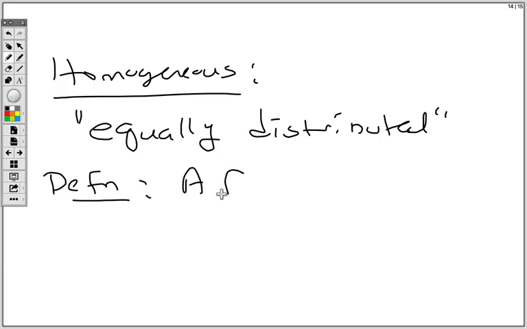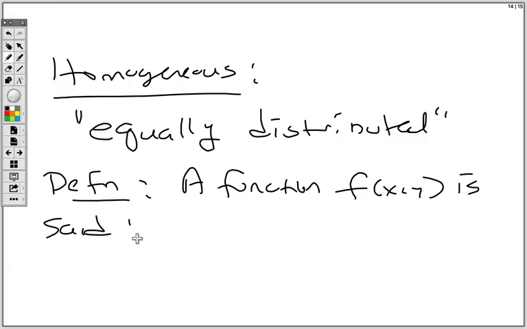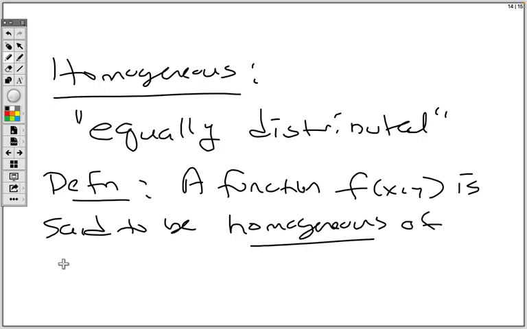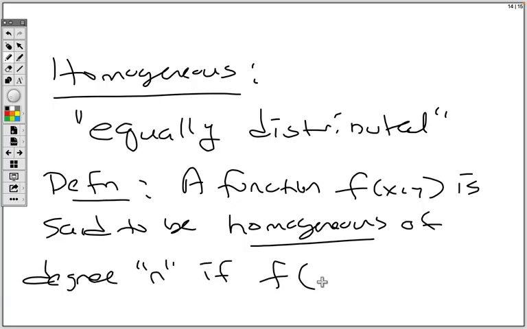A function f of xy is said to be homogeneous of degree n if f of tx comma ty equals t to the n f of xy.